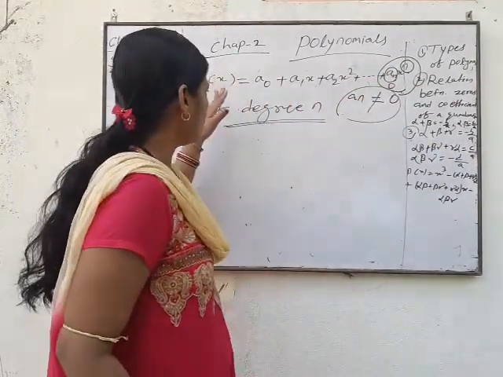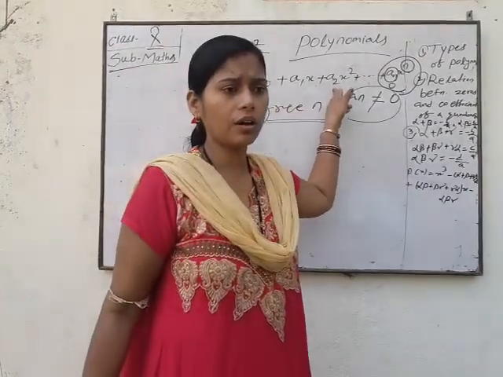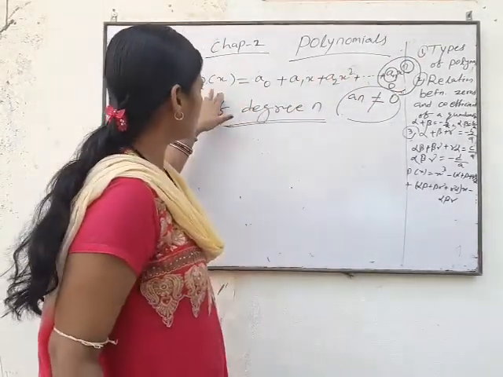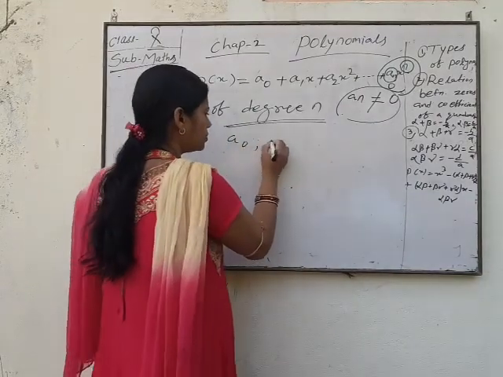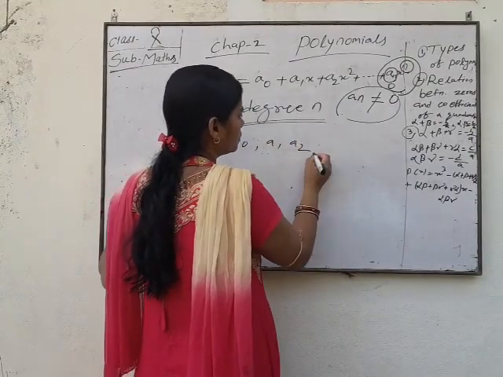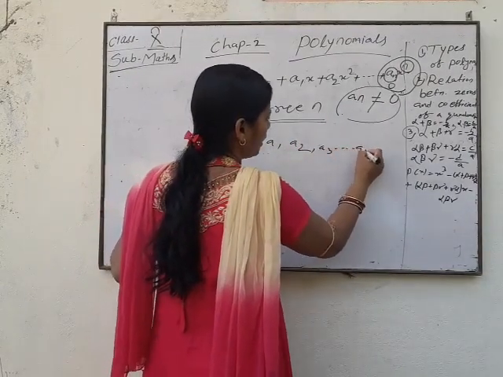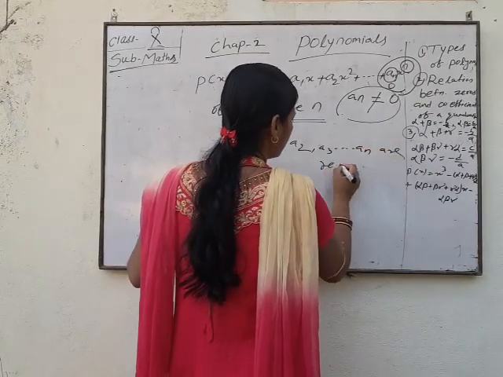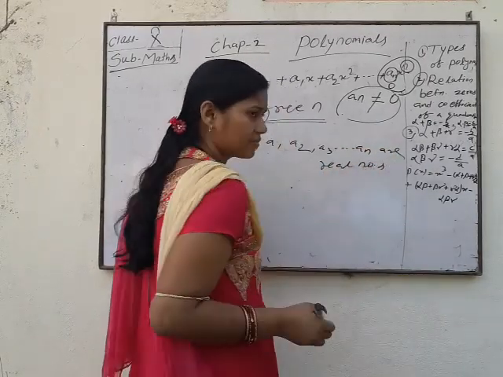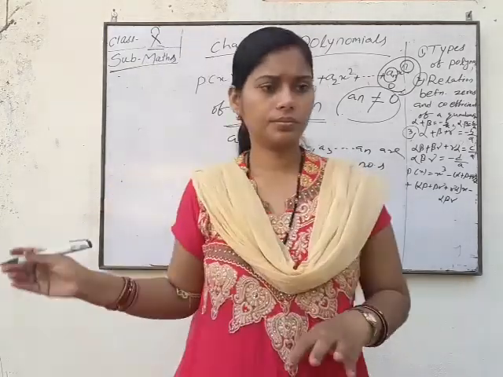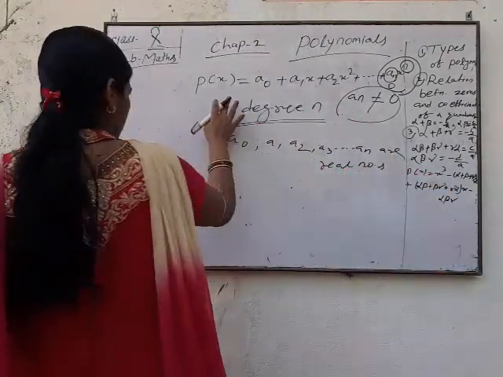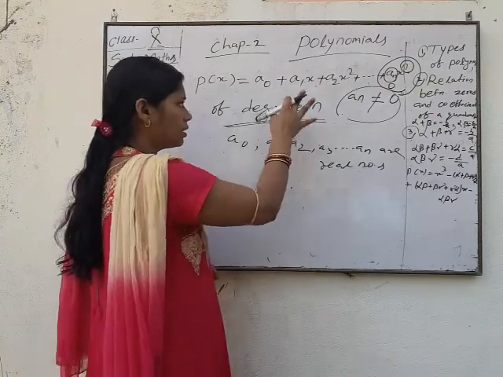Here a0, a1, a2, up to an are real numbers. Okay, so this is the definition of a polynomial.